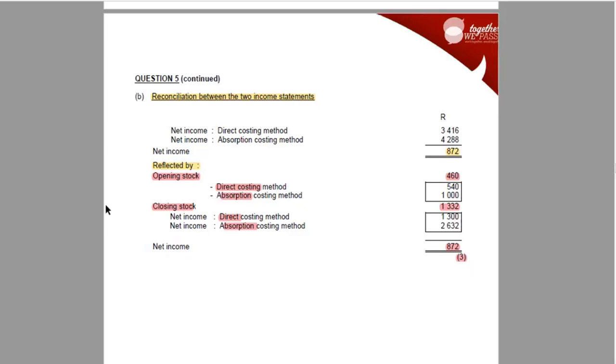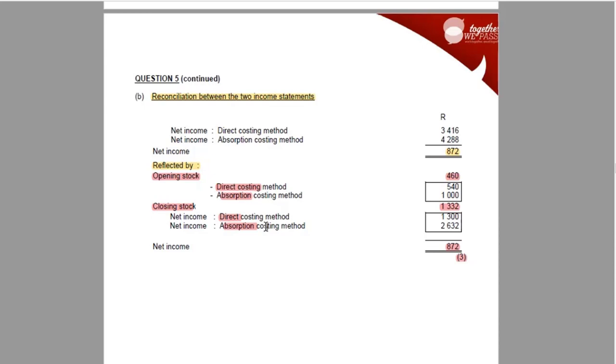Sorry, ma'am. So basically, what you are saying is that the difference between the two is caused purely by the type of method that you'd be using to calculate. Yeah, but most important is your opening and your closing stock. Because if you remember, during the week, I did ask you, why would my income under absorption costing be more than the net income under direct costing method? And we said it's because of this opening and closing stock, what you take to your balance sheet.